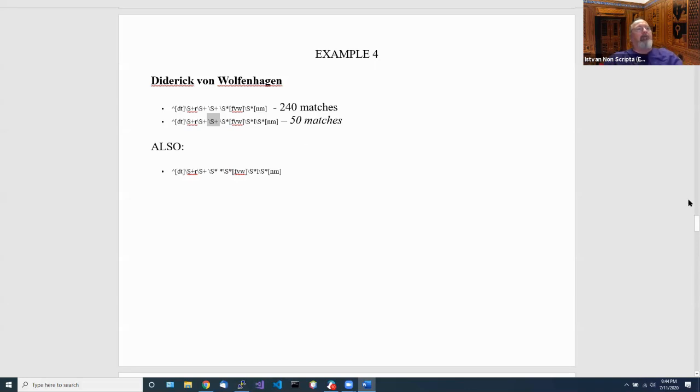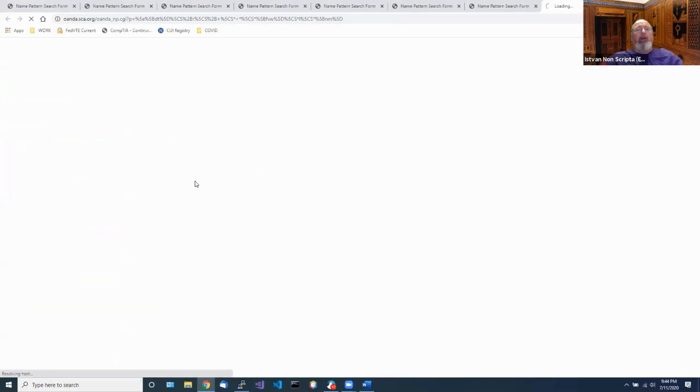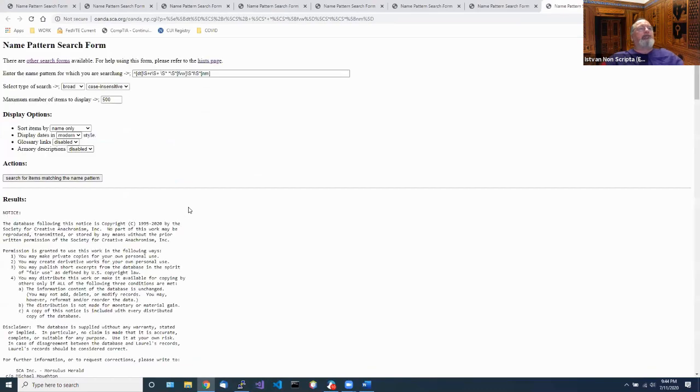It will catch von or vom. And again, you also want to change that to stars and put a star after the space so that we can do it without the article.